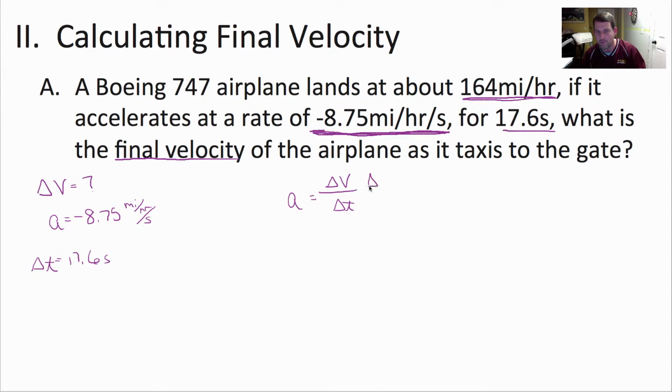To do that, I'm going to multiply by delta t on this side and delta t on this side. Delta t on top and bottom cancel each other out, and we end up with delta v. I'm going to switch the two sides real quick. Delta v is equal to delta t times a. Now we've solved for our change in velocity.